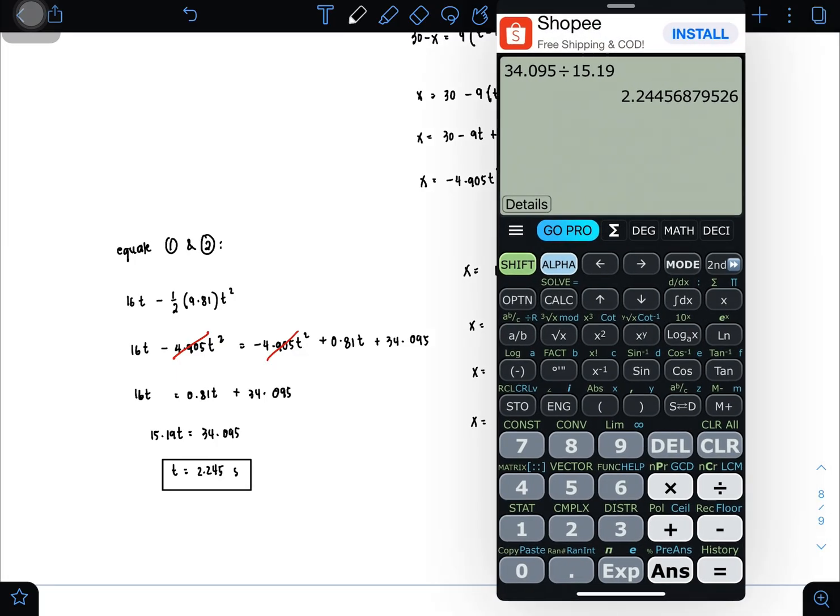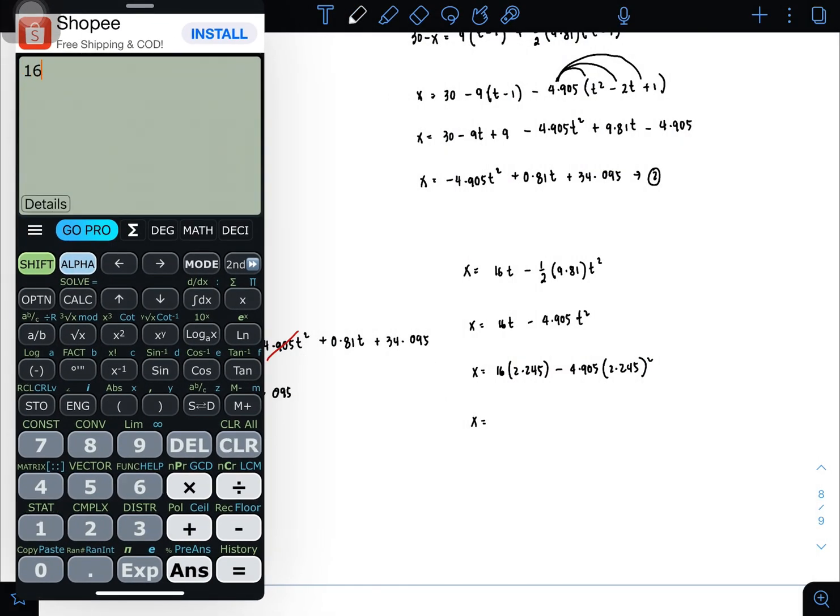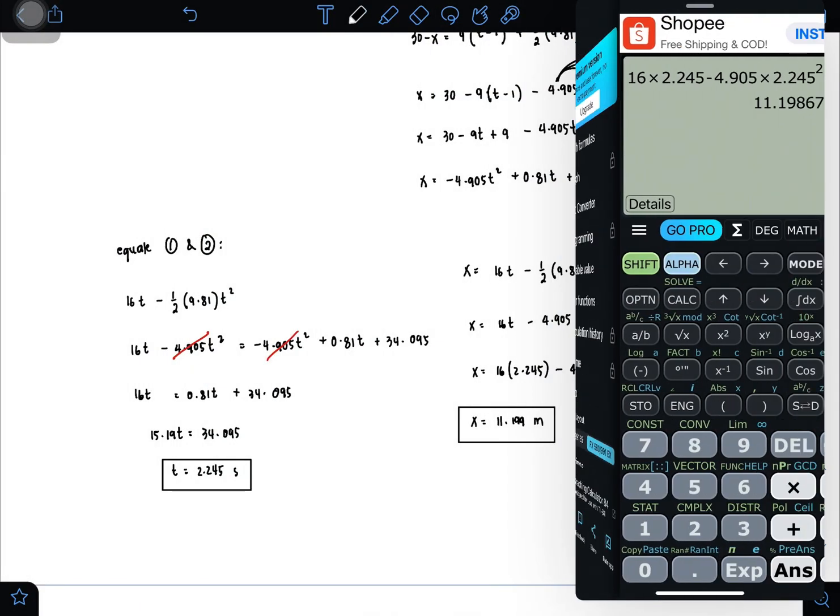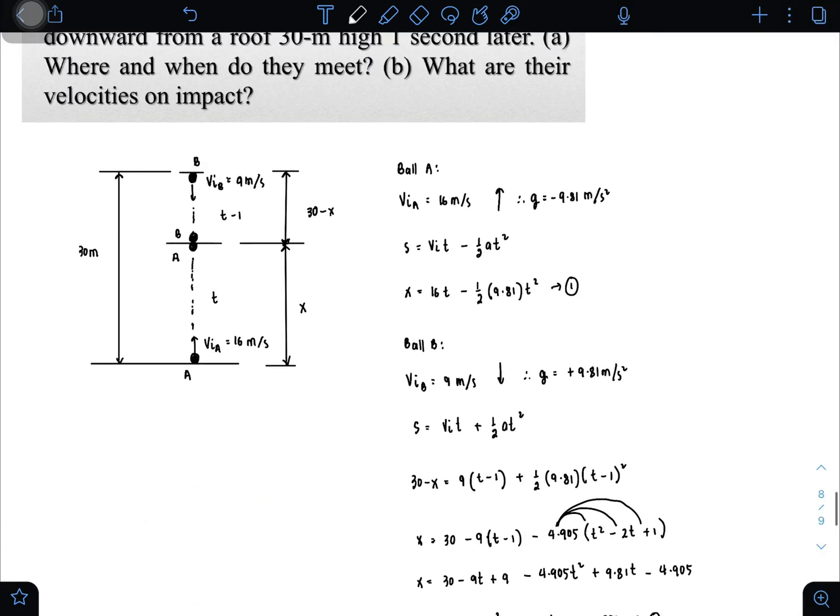X is equal to 16 times 2.245 minus 4.905 times 2.245 squared. So the answer is 11.199 meters. That is the point where the two balls meet, ball A and B.